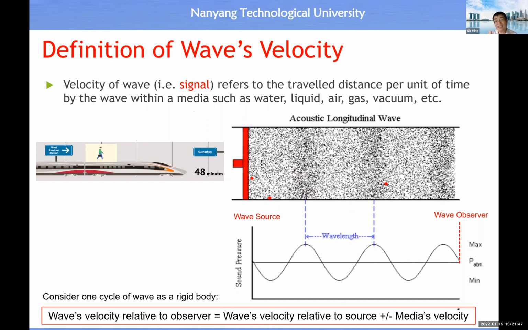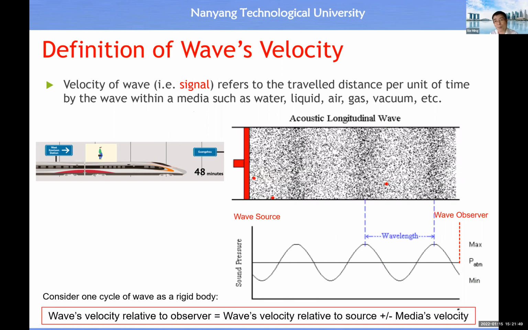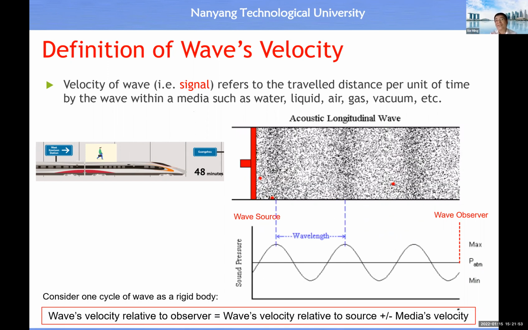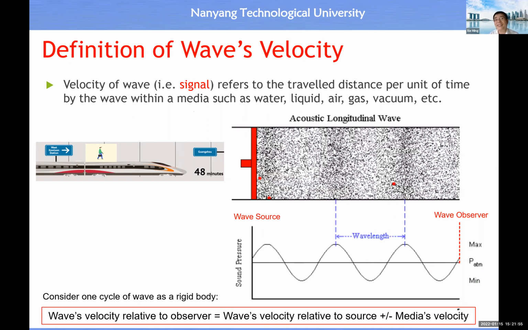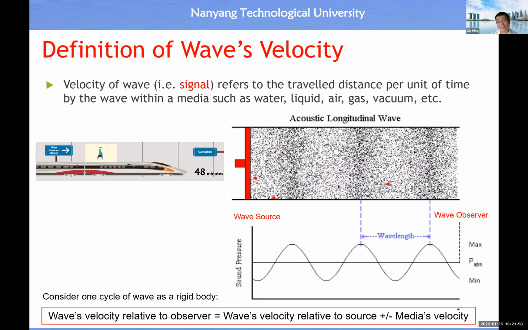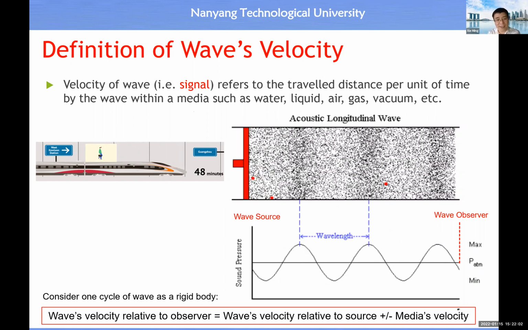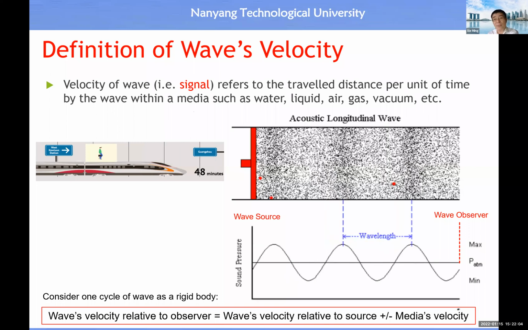Here we talk about measurement, so the observer is important because the observer receives the signal. Therefore, the observer can only measure the velocity relative to the observer.